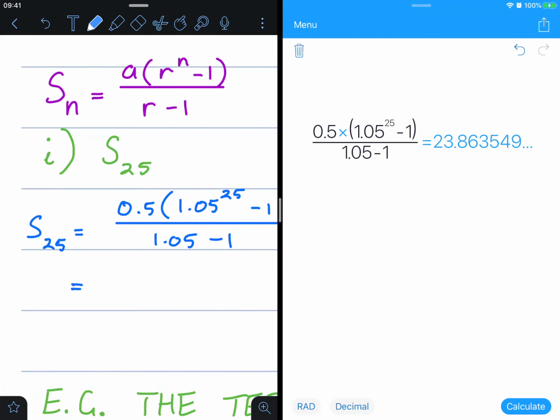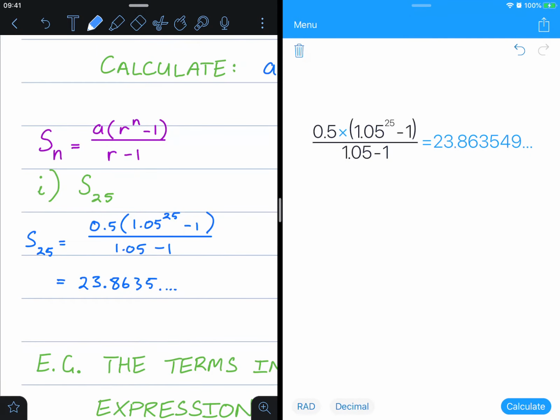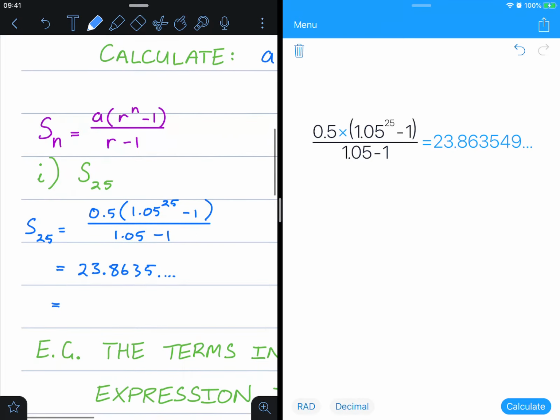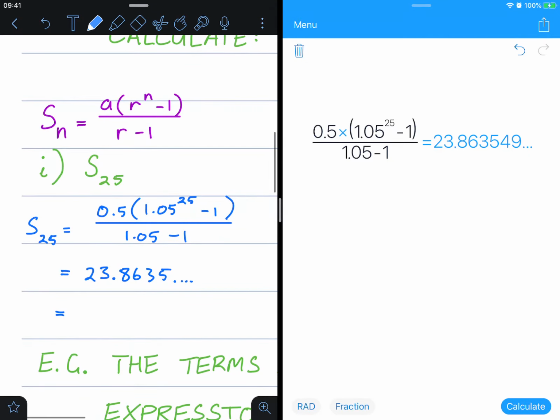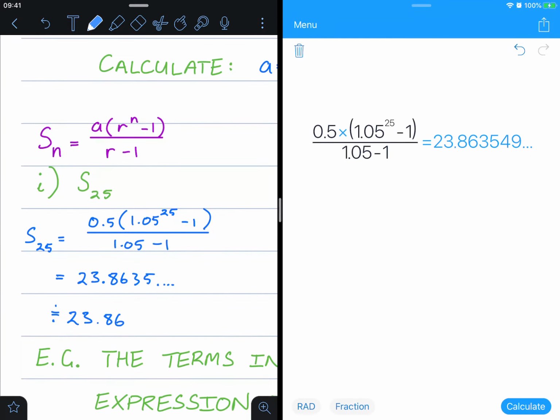So the sum of this is 23.8635, etc. And we can just round this off to 2 decimal places. If your calculator lets you, put it into a fraction, but I can't seem to change it. We'll just leave it as approximately 23.86. But once again, if you can make this into a fraction, do so.